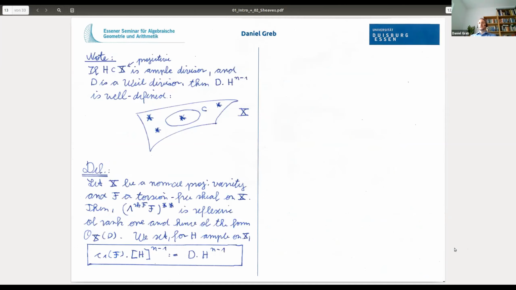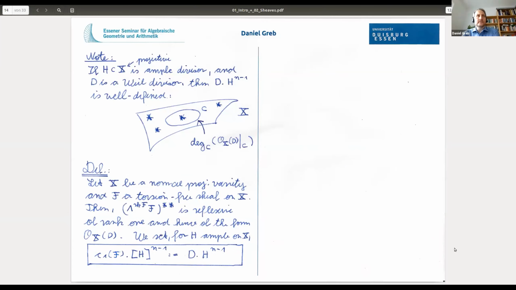So what can I do with a reflexive sheaf of rank 1? You see, if you look at the bottom of the page, this is moving towards the definition of stability that already appeared in Henri's talk. Okay, so this is just noting the following.